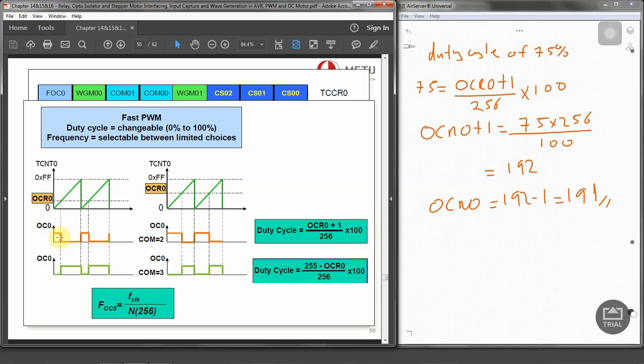In inverting mode, it clears on compare match and sets at the top, and in non-inverting mode, it sets and clears at the top. So the duty cycle and the frequency of OC0 can be calculated based on the frequency of the clock, the prescaler, and the 256, which is TCNT's highest value.